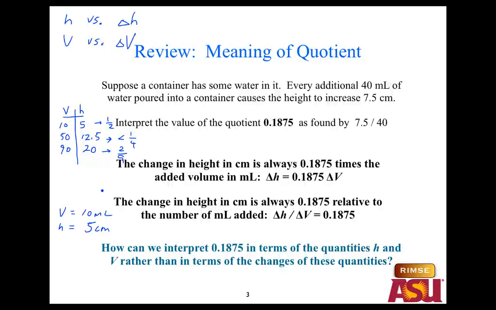Okay, so it's kind of halfway in between. So every time V changes by 1, H changes by 0.1875. Is that right? So how is the quantity H changing relative to the quantity V?